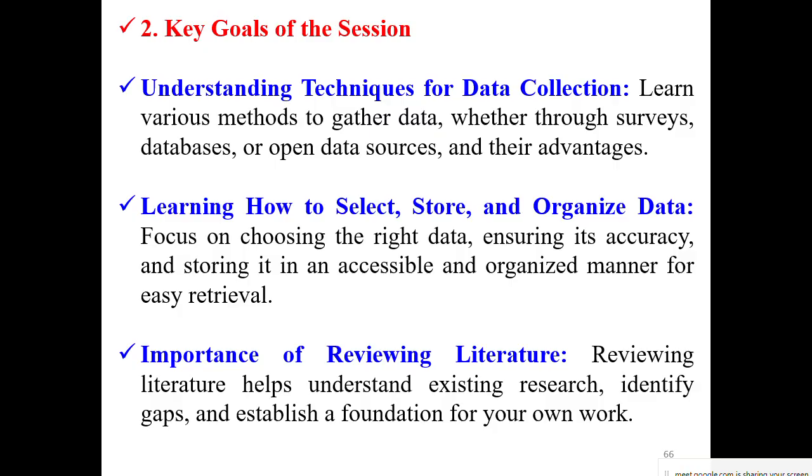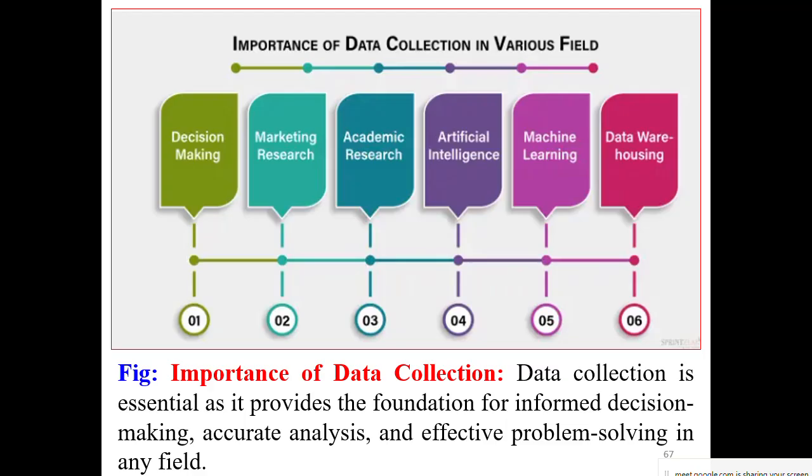Focus on choosing the right data, ensuring its accuracy, and storing it in an accessible and organized manner for easy retrieval. And what is the importance of reviewing literature? Reviewing literature helps understand existing research, identify gaps, and establish a foundation for your own work. Then this is the importance of data collection in various fields like decision making, marketing research, academic research.